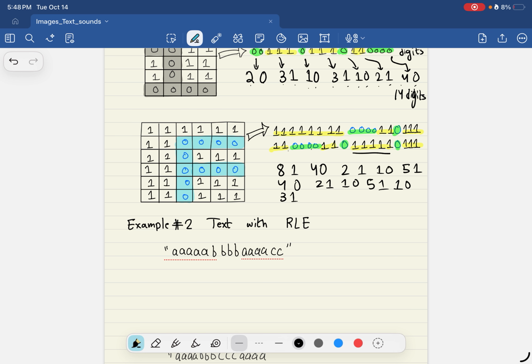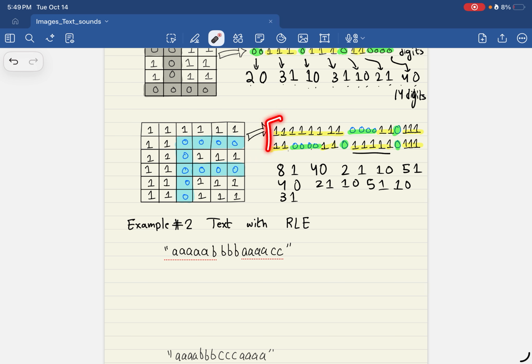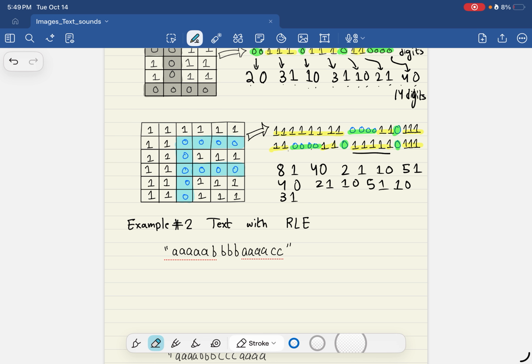Again, if we try to count the number of bits in the original set of data, there was a total of 36 digits over here, right? So 36 digits would be used to represent this image.